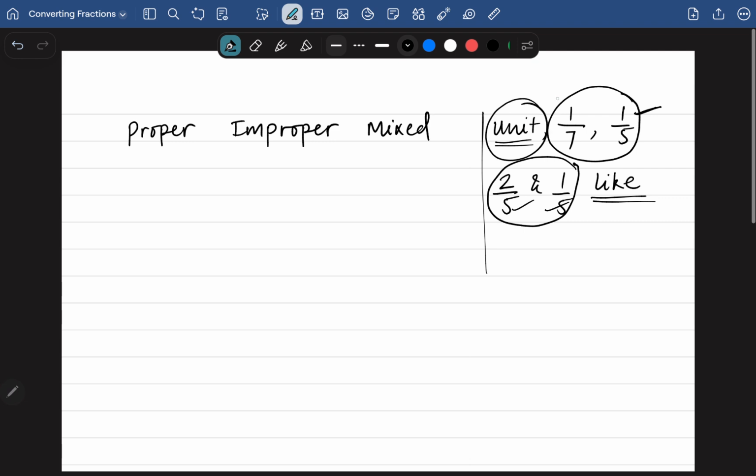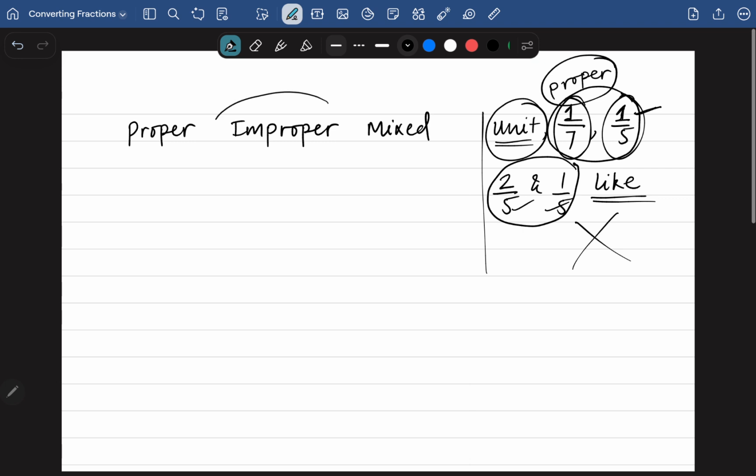So unit fractions are actually proper fractions, but we go deeper and call them unit fractions because their numerator is 1. Okay, so we don't have to do anything with this to compare our fractions, or basically to convert our fractions.